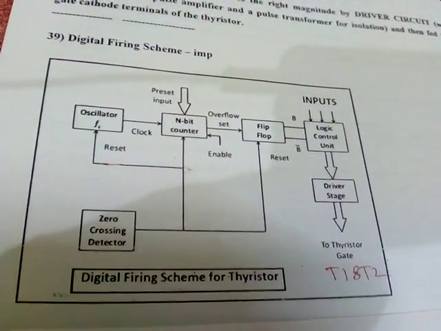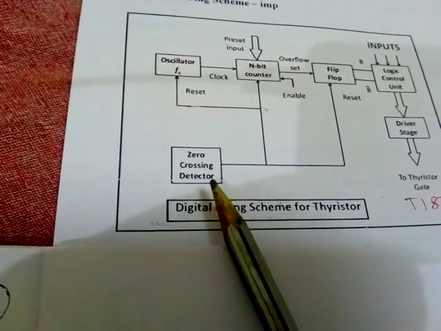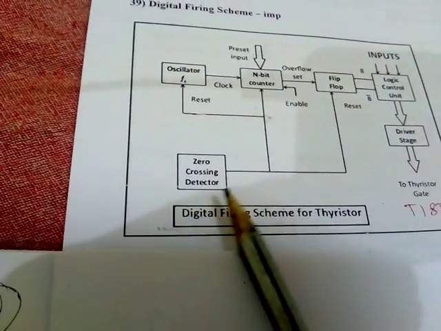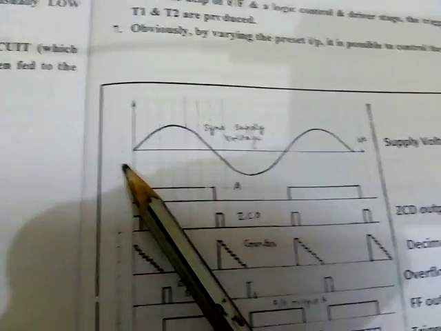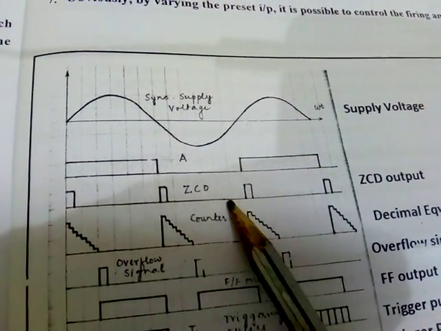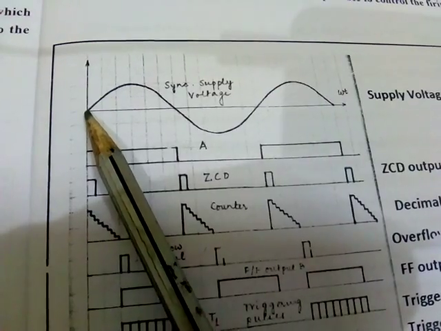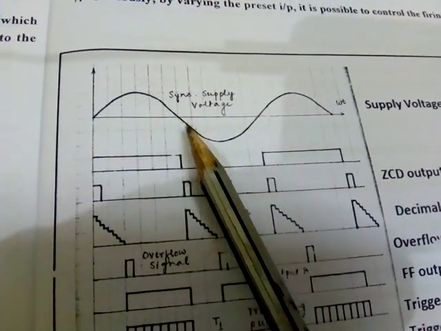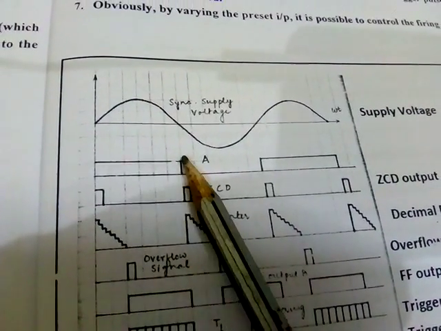So first what happens is, the zero crossing detector detects the zero crossing of the sine wave. This is a sine wave. ZCD indicates, see, this is ZCD output. It indicates this zero crossing, 0, 0. Usually it will be two levels.